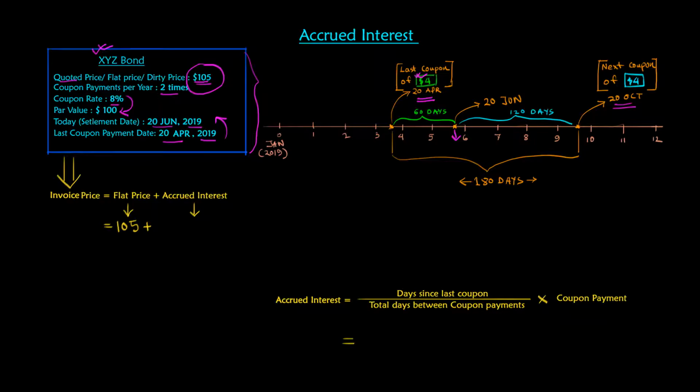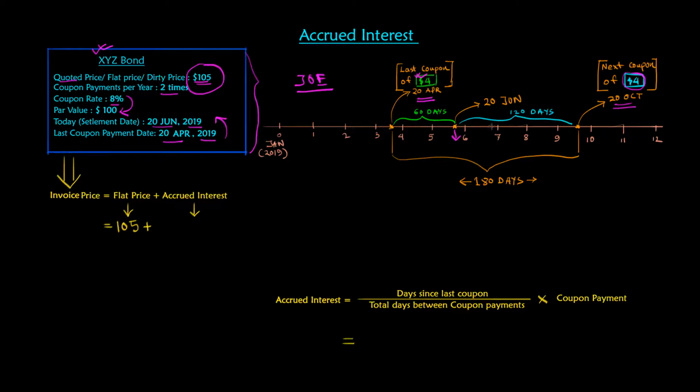Now let's assume that this bond belonged to someone named Joe. As you can see, to receive $4 of coupon, you need to wait for 180 days, right? But out of these 180 days, Joe had this bond for the last 60 days.